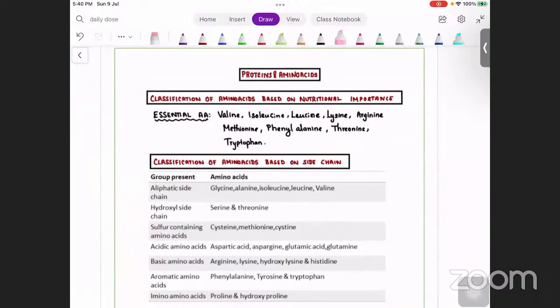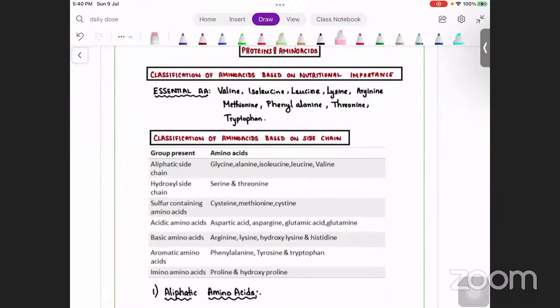Apart from that, you have protein and amino acid. What are essential amino acids? However you used to remember, you can remember. Some people remember it as Villambatti, and some people remember it as PVT Tim Hall. But however you want to remember, you can remember in that way.